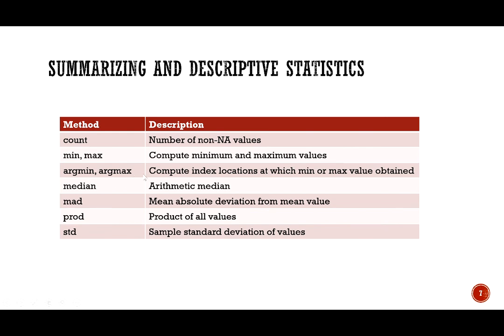Argmin and argmax compute the index location at which the min or max value is obtained. Median calculates the arithmetic median value, and MAD is the mean absolute deviation from the mean value. Prod returns the product of all values, and std is the sample standard deviation of values. So these are the common functions you can use for summarizing your data.